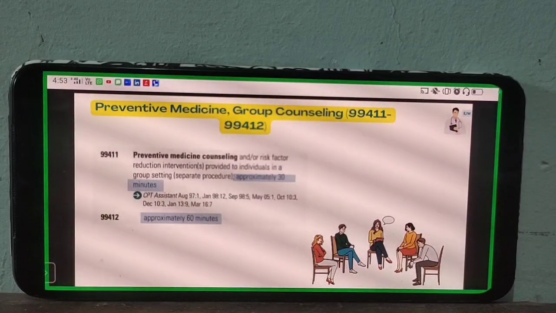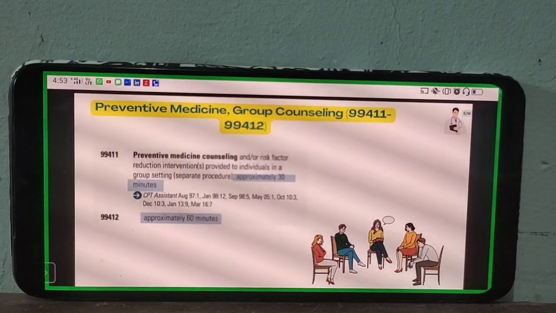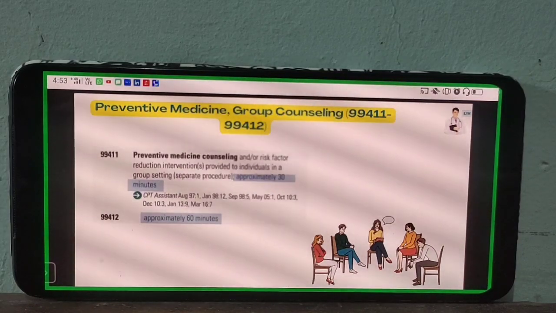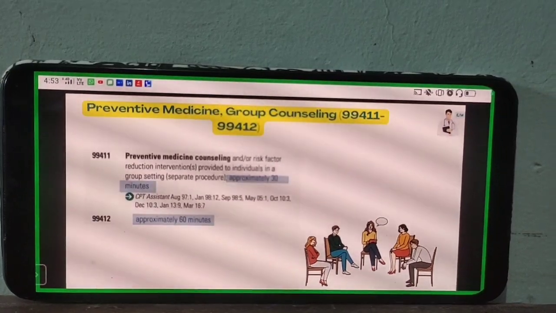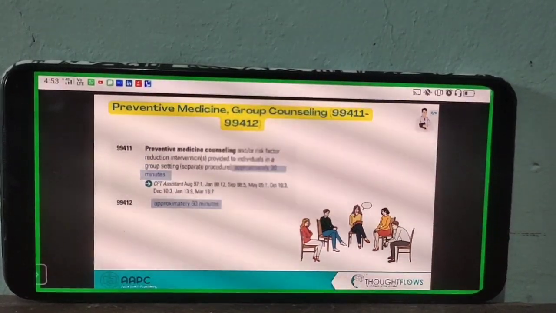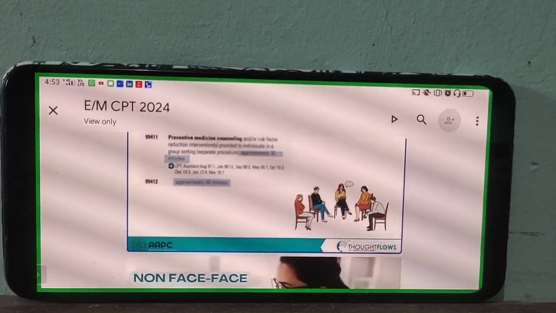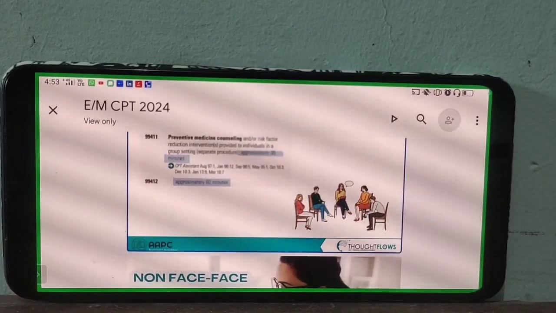Approximately 30 minutes, 99411; approximately 60 minutes, 99412. So this is group counseling for preventive medicine. Okay. Any doubt? Any question?